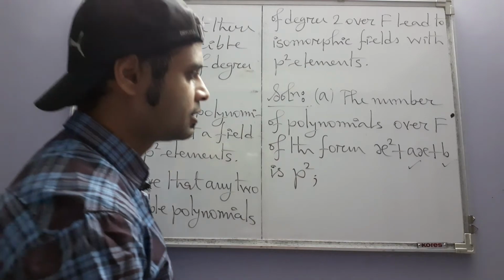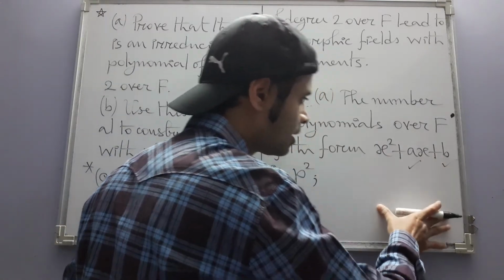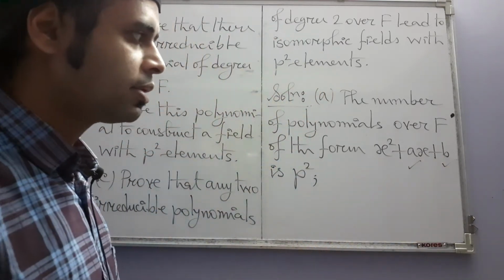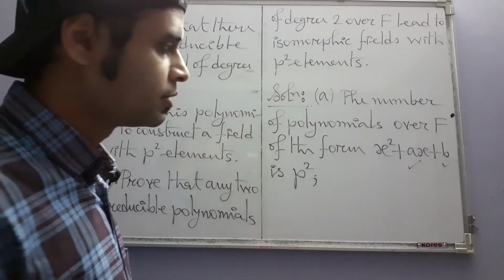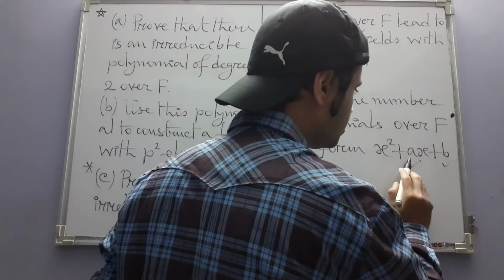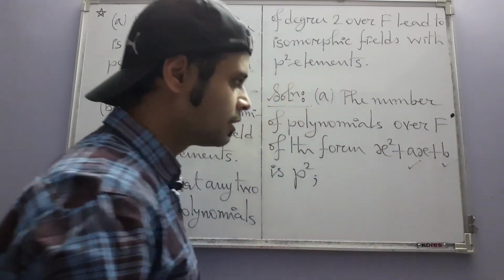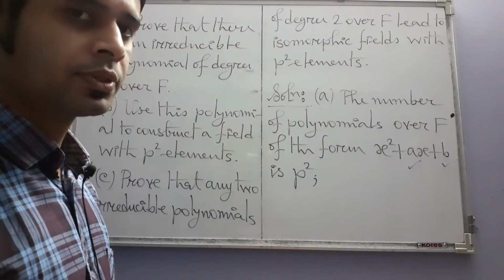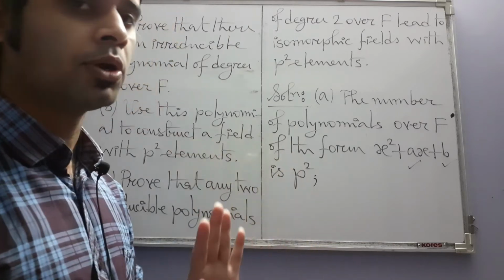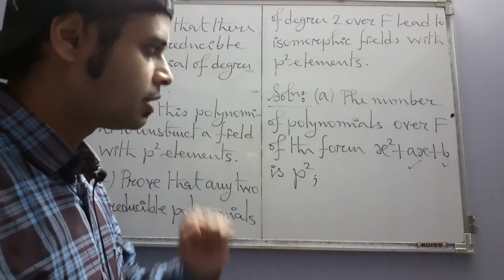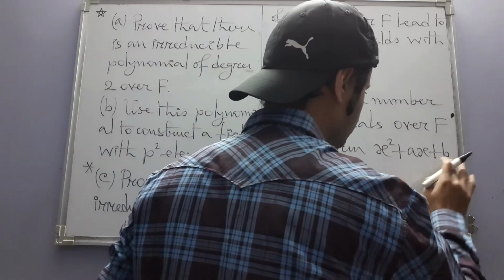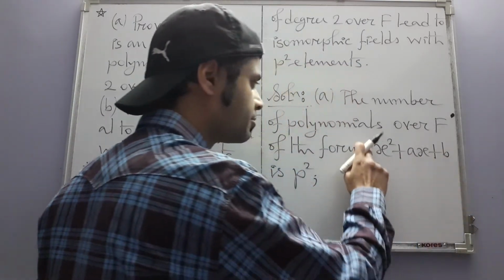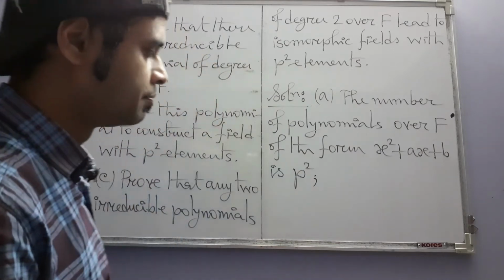One more thing is that two such polynomials are equal if and only if the corresponding coefficients are equal. So if we make distinct choices for a and b, then that will give us distinct polynomials. That is why the total number is p square. And these are monic polynomials because here the coefficient is 1.